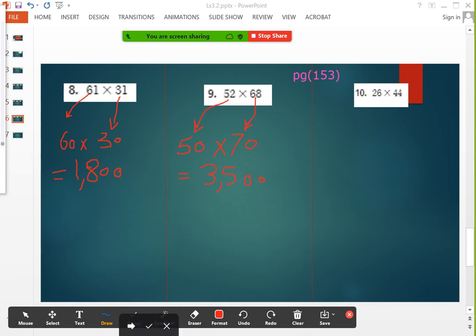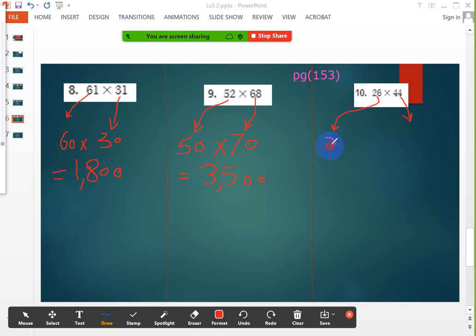Let's continue with Zena. Yes, Zena, open your mic, dear. I want you to help me to solve number 10. I want you to round the numbers to the nearest 10. Okay? So let's start with 26. If you round the number to the nearest 10, it will be 30.